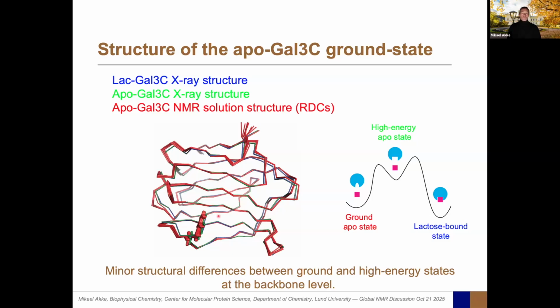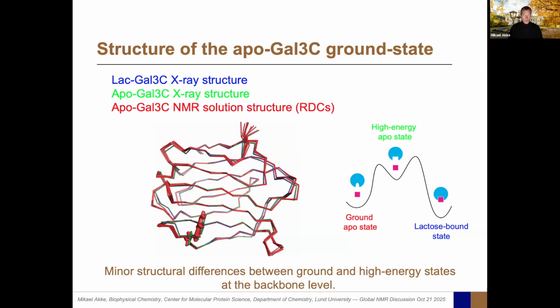So there may be more of a change here that we didn't pick up because we only had, I think, one RDC probe in this region here. The indole NH, I think, was the only one we had. So that's that.